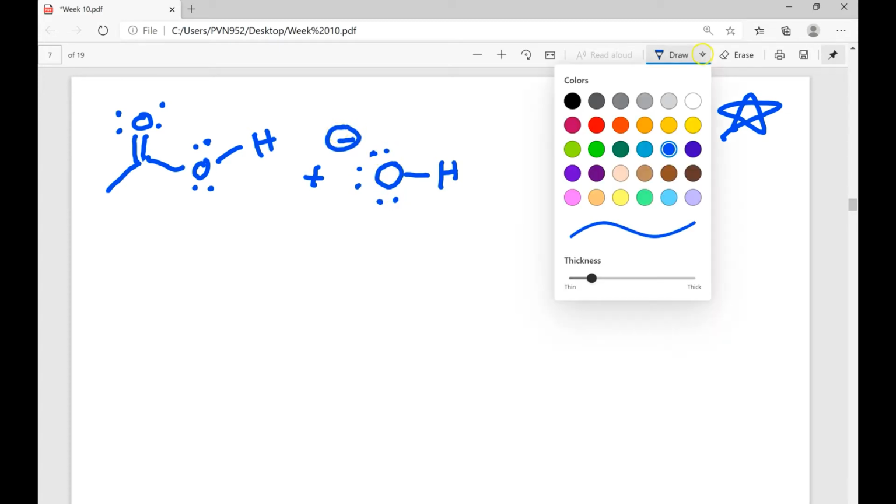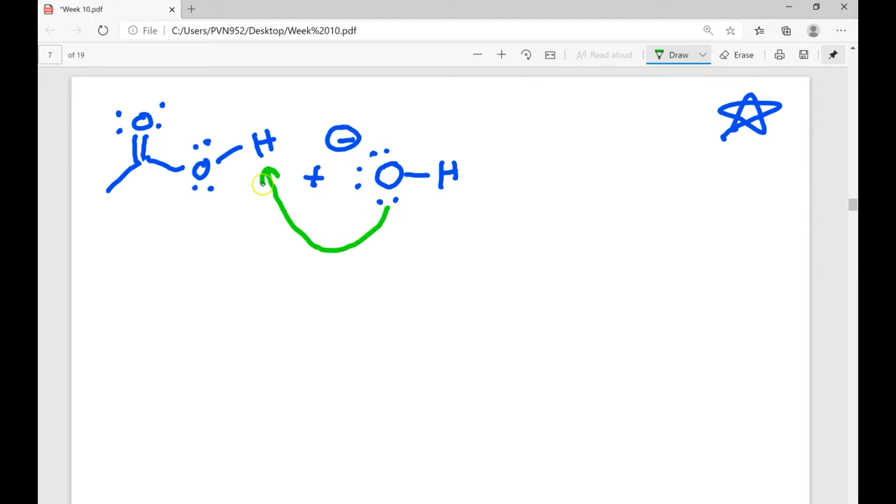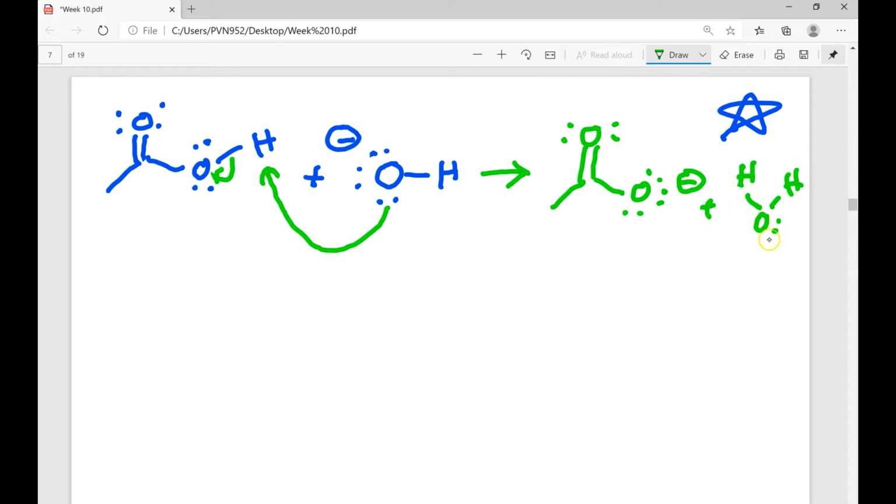So what can happen is we can have our hydroxide anion pick off a proton from the acetic acid, and this will generate an acetate anion, and it will also generate water.